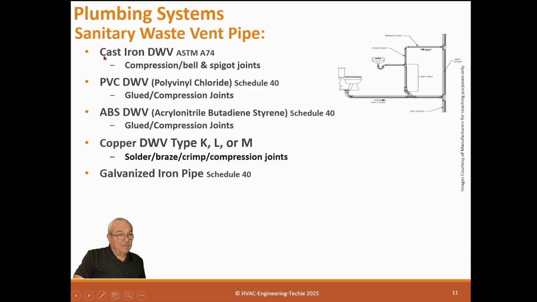In the last 10 years or so we have seen a rash of cast iron failures because it was foreign-made pipe with a lot of porosity in it, and so mild acids were able to eat up the pipe from the inside, causing a lot of leaks in a building. And if you have a high-rise building, you have to replace your cast iron pipe. It's a problem. Anyway, these are the materials for piping. Galvanized iron is screwed, or compression joints.